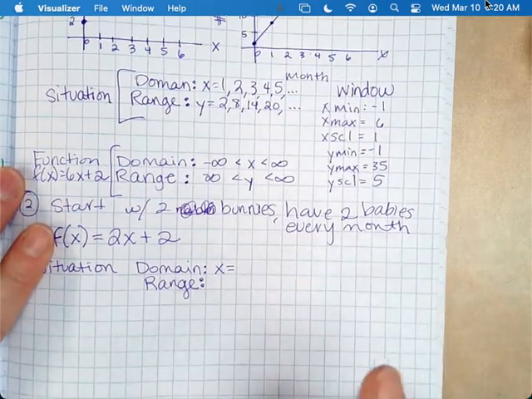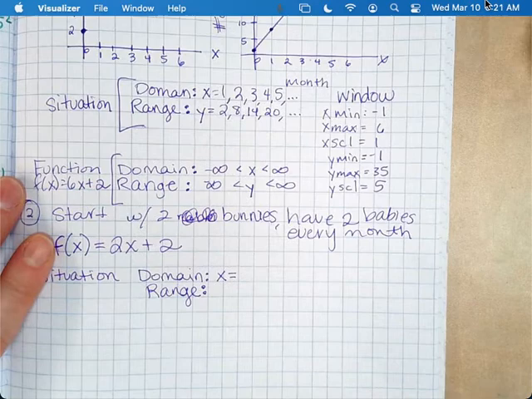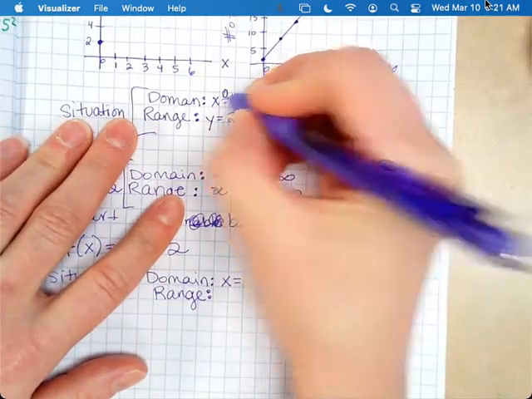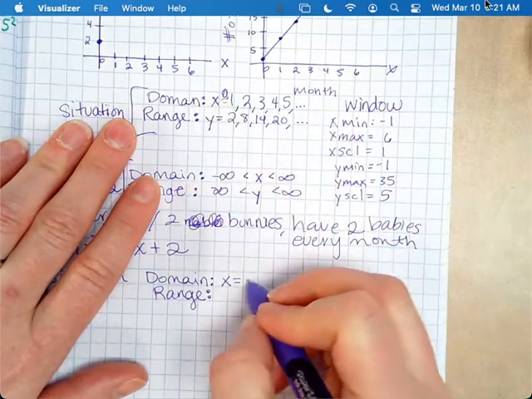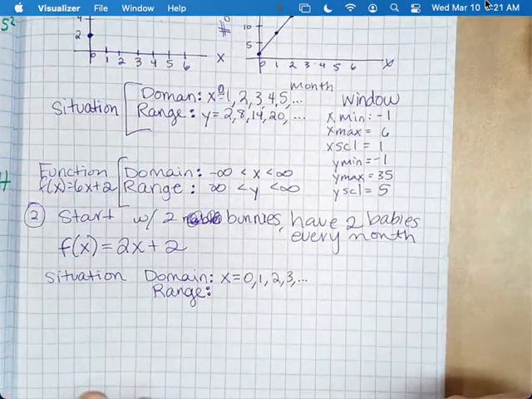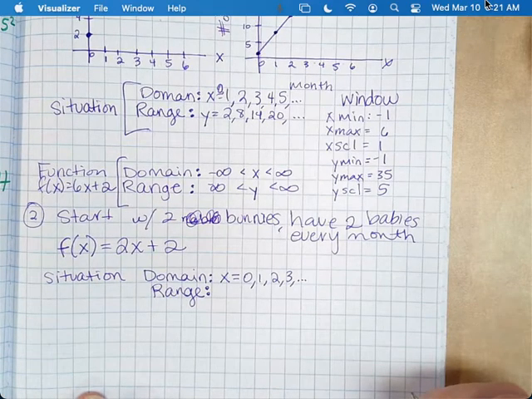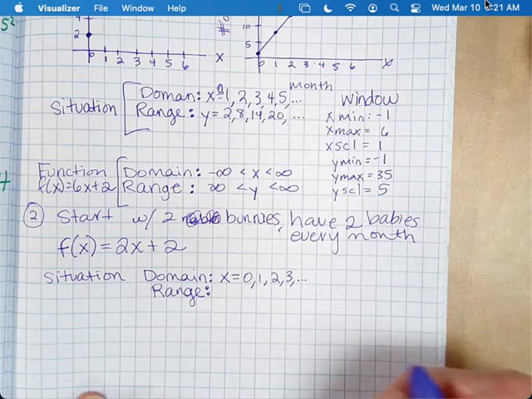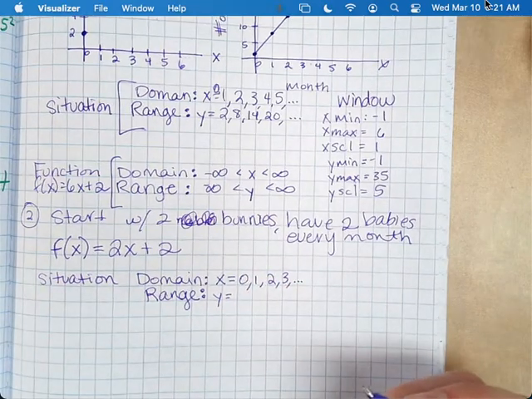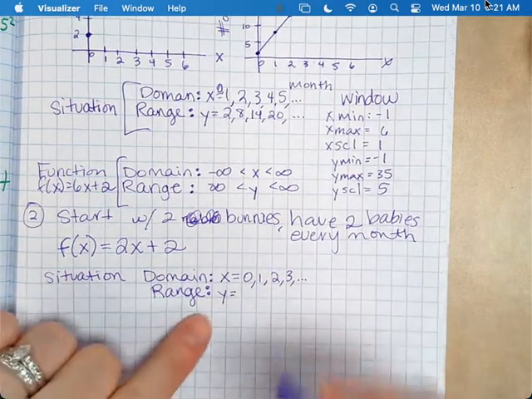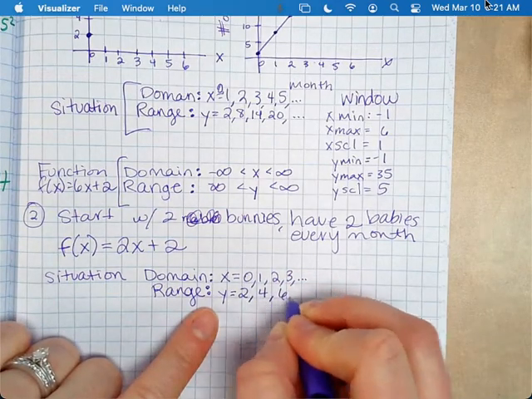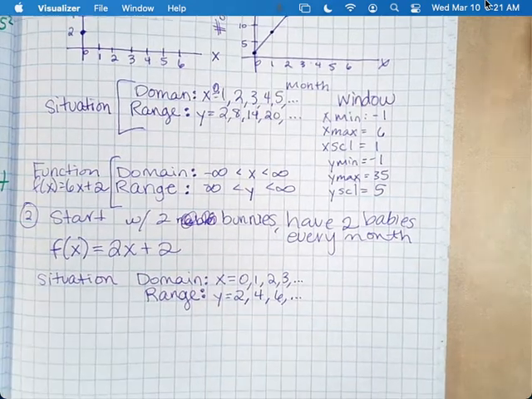Yeah. What about month 0? Should we have included that? Because you're starting with 2. So really we should have included that up here. So put a 0 there. So 0, 1, 2, 3, and so on. And then what about the range? 2, 4, 6, and so on. Okay, so even numbers.